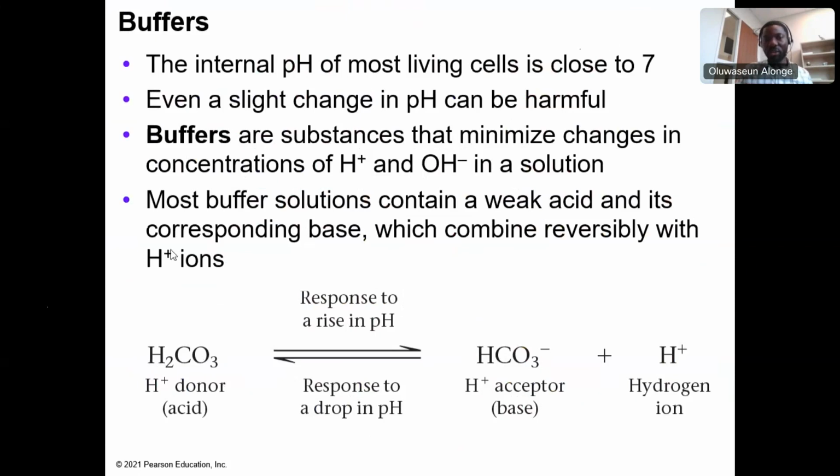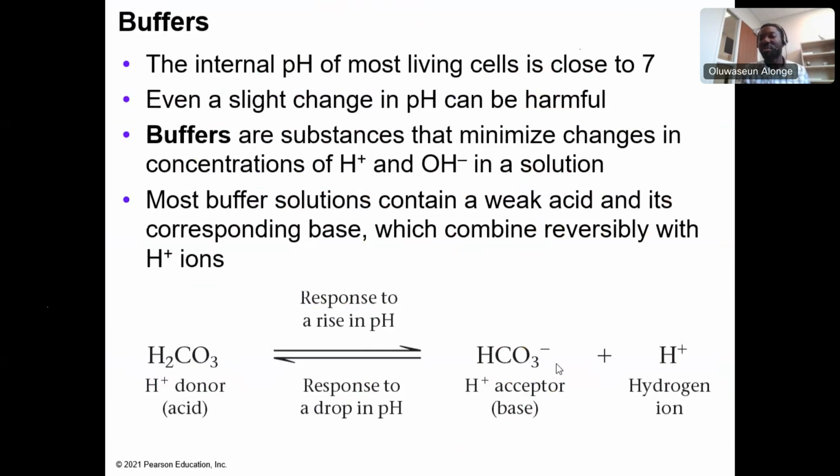So look at this now. This is H2CO3, the H plus donor acid. Now, look at this. Up here, the forward reaction responds to a rise in pH. So if pH increases, what's going to happen? This is going to be released so that it accepts the H plus, and the pH will not increase.